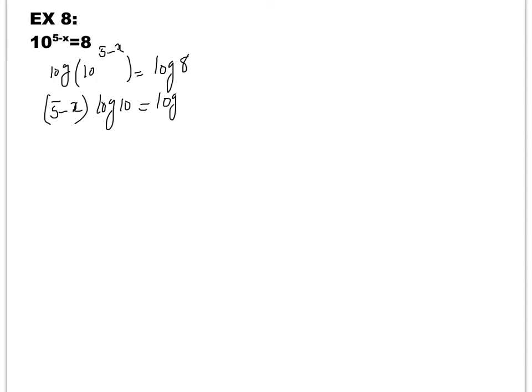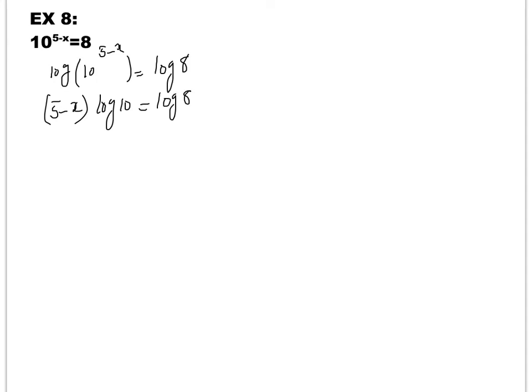The next example is 10 exponent 5 minus x is equal to 8. Again, I'm going to take the log of both sides. I'm going to have log of 10 exponent 5 minus x is log 8. Again, the exponent comes down, so I'm going to get 5 minus x log 10 is equal to log 8.